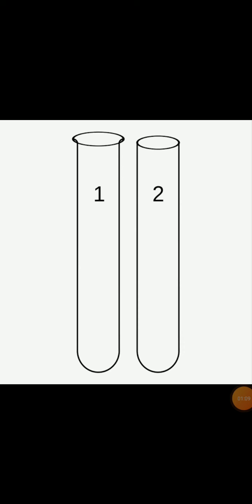For the activity, we will need two test tubes. In one test tube we take 10 ml of distilled water or rainwater, and in another test tube 10 ml of hard water. We can take hard water from a tube well or hand pump.